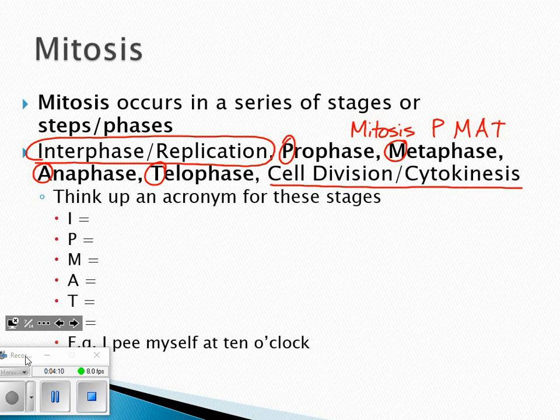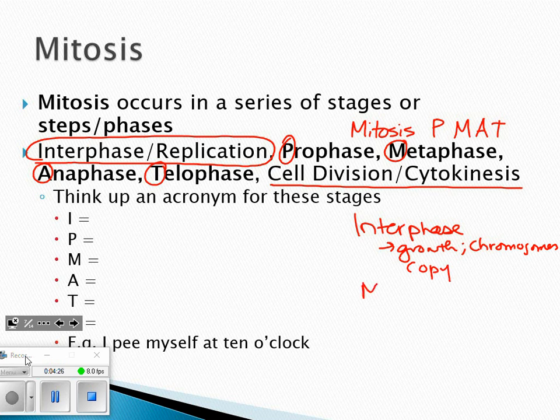Basically, we have interphase, that's for growth, and your chromosomes copy. Then we have mitosis, which divides the nucleus, the brain of the cell, with all that genetic information.